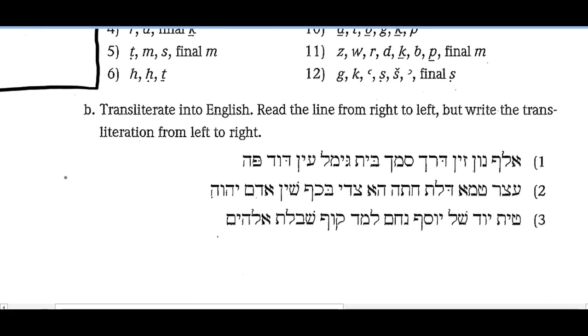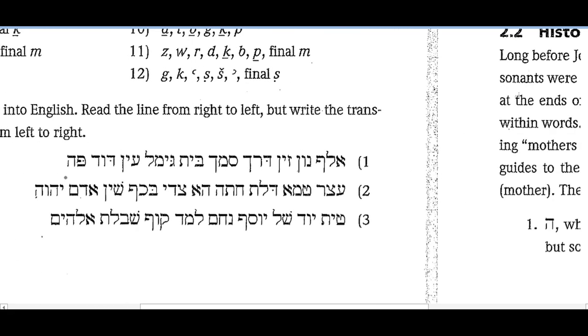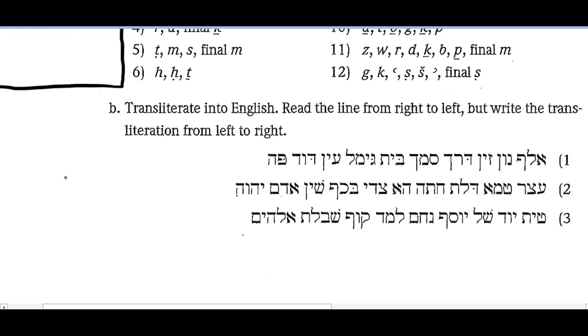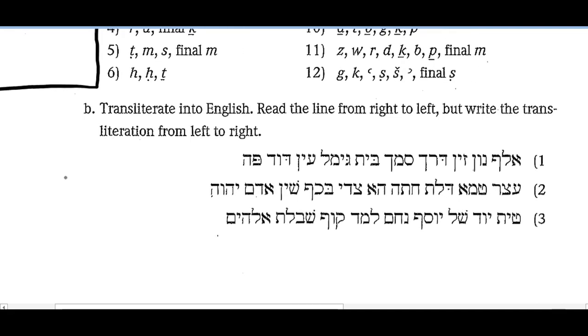Let's go ahead and look at exercise number 1. And of course, we're beginning with Hebrew here, and we're being asked to give English transliteration. So for section B, on your homework, since we're writing English, we're going to follow the English convention of going from left to right. And the first English words that we need to put down here are not the last Hebrew word, but the first Hebrew word.